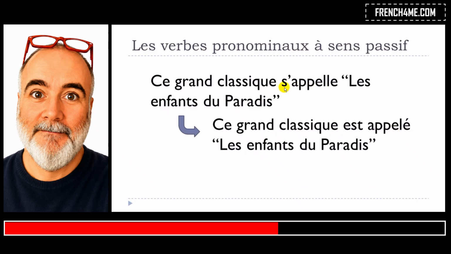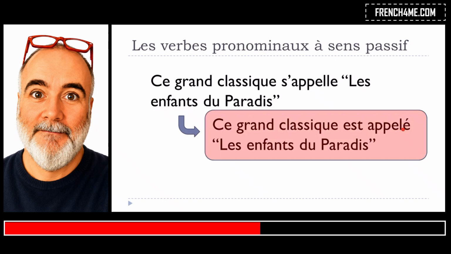Okay, so it would be possible in that case, and the good thing is that, well, in this situation, you notice that s'appeler and then appeler, so you can use this verbe pronominal s'appeler instead of using the passive form est appelé. Okay, so it can be quite useful in some cases.